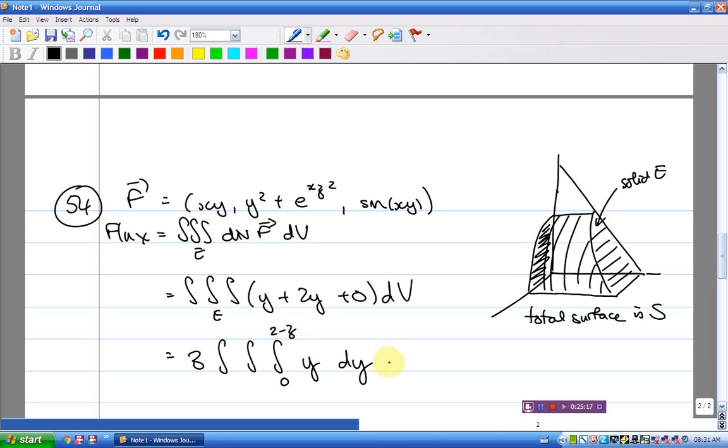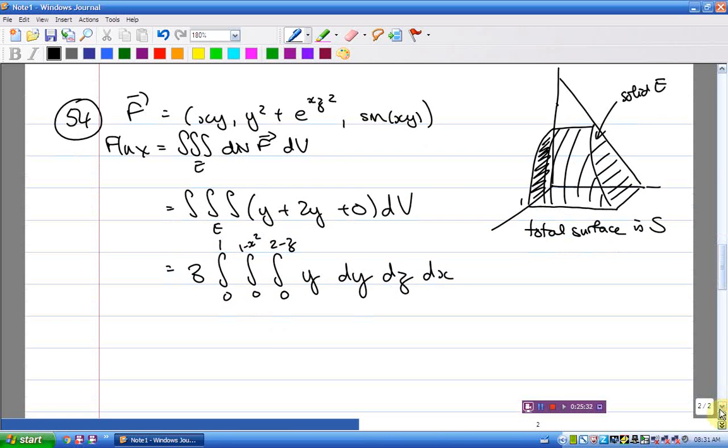I'll let z go next, and z will go from 0 up to the parabola, and x will go last, so its values of x will go from 0 to 1. A nice little triple integral, just like we saw when we first started triple integrals. Okay, let's do that. That's not too bad.